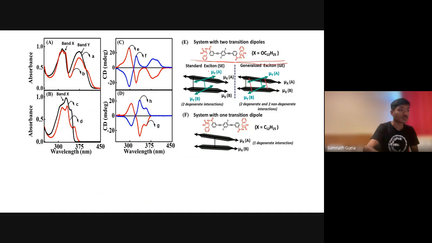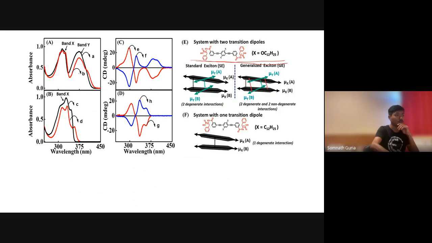Depending on that, they make defined exciton aggregations in a defined solution. Initially, this is the solution, this is the black trace. This is the UV-vis spectra of this system in the presence of methanol solvent.